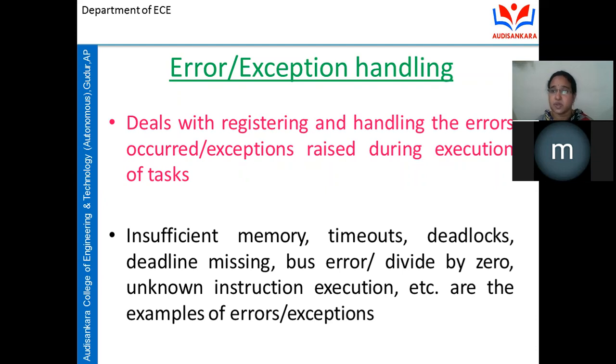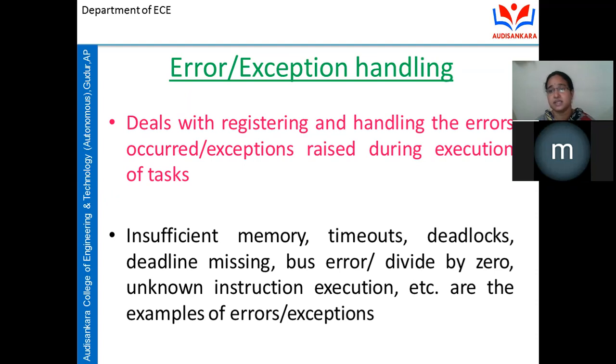For example, three processes are in running state, process 1, process 2, process 3, and process 1 and 2 require the same resource. Process 1 requires a resource that is already held by process 3. Process 3 is using that resource, and it is now required by another process like process 1. Because it is held by another process, process 1 can't get it. So we can say process 1 is in a deadlock position.